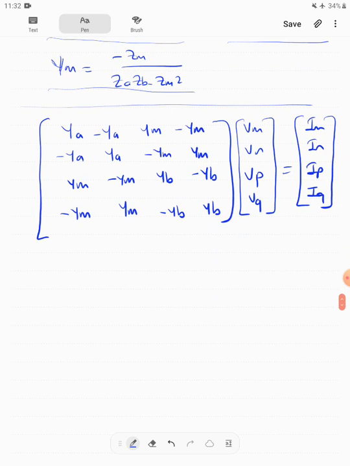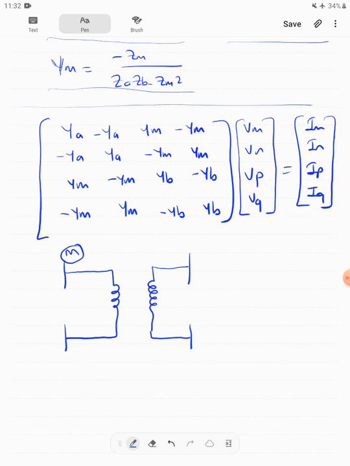Okay, let me provide this figure. These are bus names M, P, N, and Q. These are branch currents IA, IB.